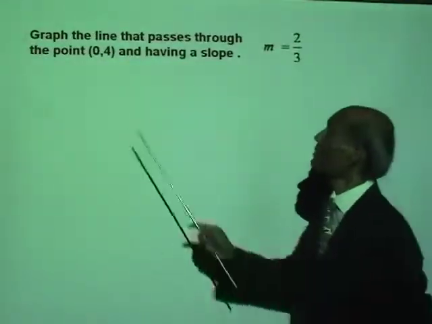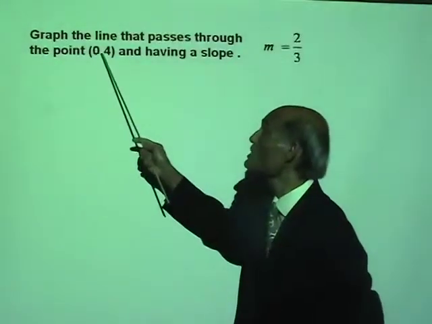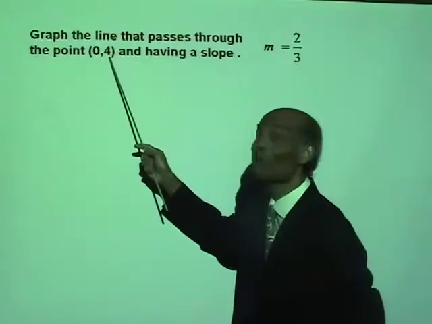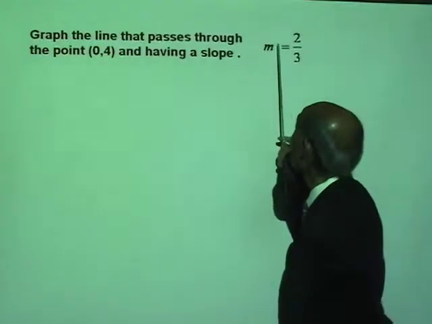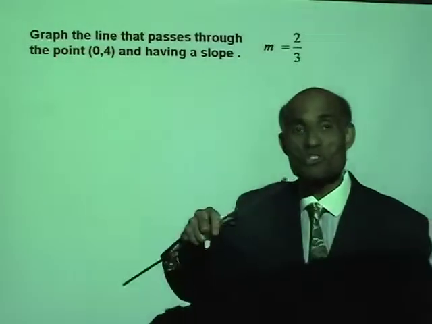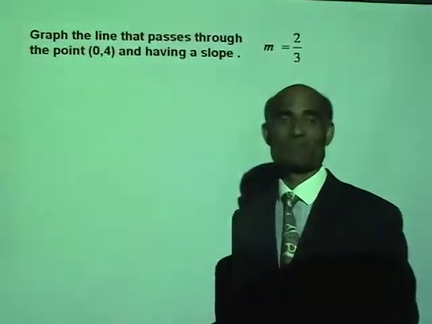Alright. Graph the line that passes through point 0, 4. This is the y-intercept. X equal to 0, y equal to 4. And having a slope m equal to 2 over 3. Now, can you use the same argument I used in the previous example to do this?